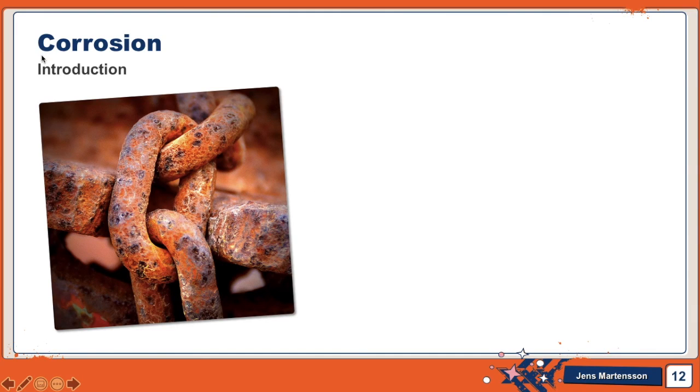So let's see corrosion. As you all may have seen, rusted iron nails and chains lying around everywhere because they are not useful anymore and they clearly do not look very attractive. This is a picture of a rusted iron chain.